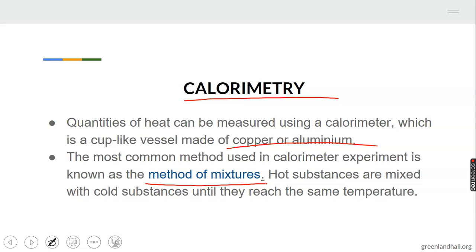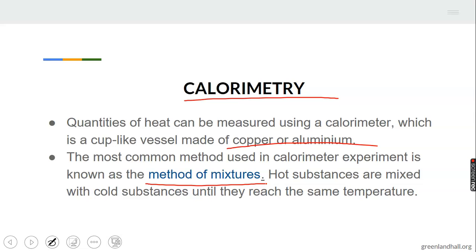In this method of mixtures, it has to involve either very cold objects like ice being mixed with an object that is at room temperature, or one whose temperature is a little bit higher.